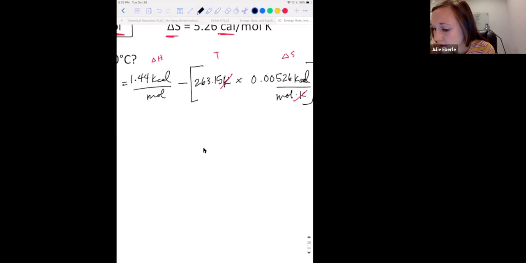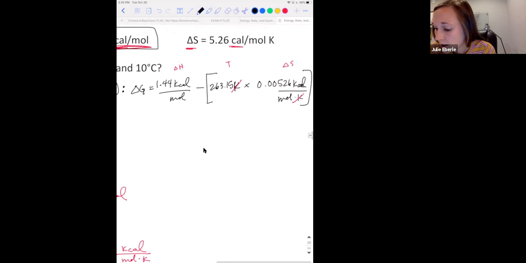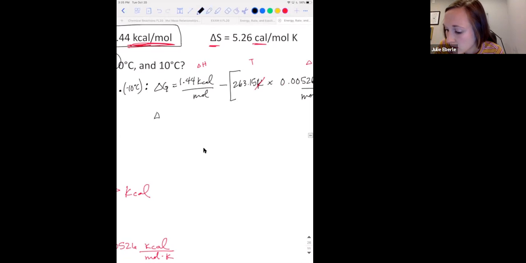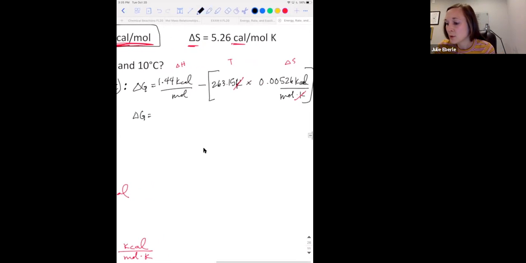Anybody want to do the multiplication and then do 1.44 minus that portion in parentheses and tell us what our delta G is overall? So you should do 263.15 times 0.00526, get a number, and then do 1.44 minus that number.